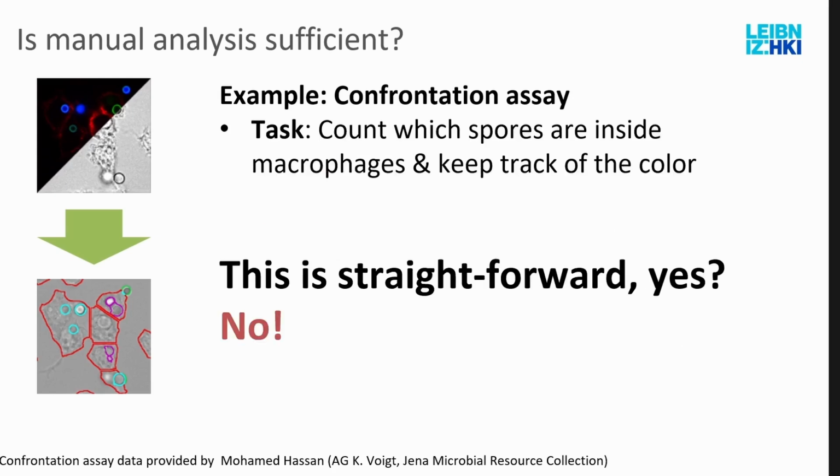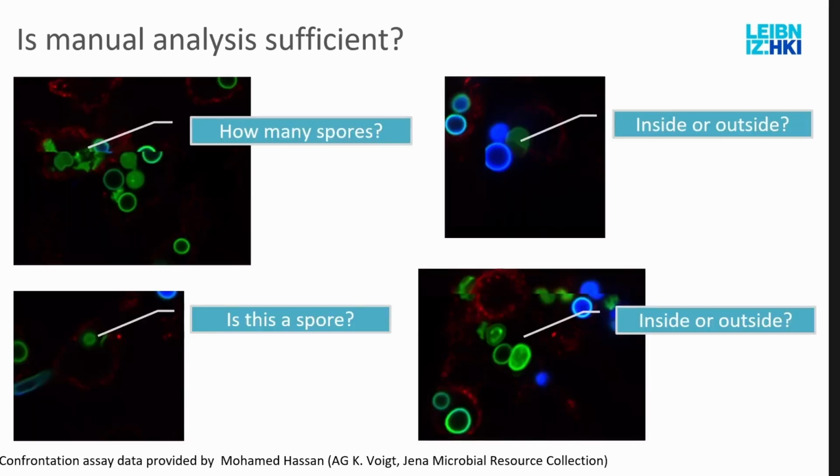But when you do this manually, you quickly run into an issue where this is maybe not as straightforward as you think. Not only is it super time consuming, there are sometimes decisions that are a bit researcher specific. For example, I have here some image examples cut out from this data set where it's a bit confusing, and you ask 10 people and you get 15 answers.